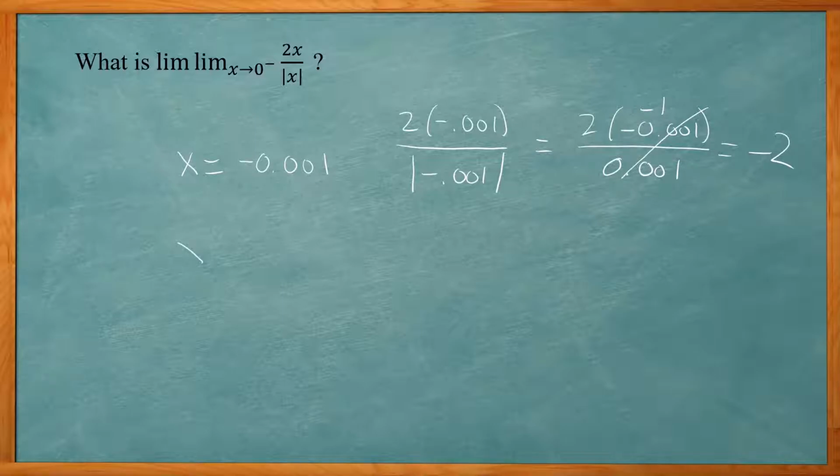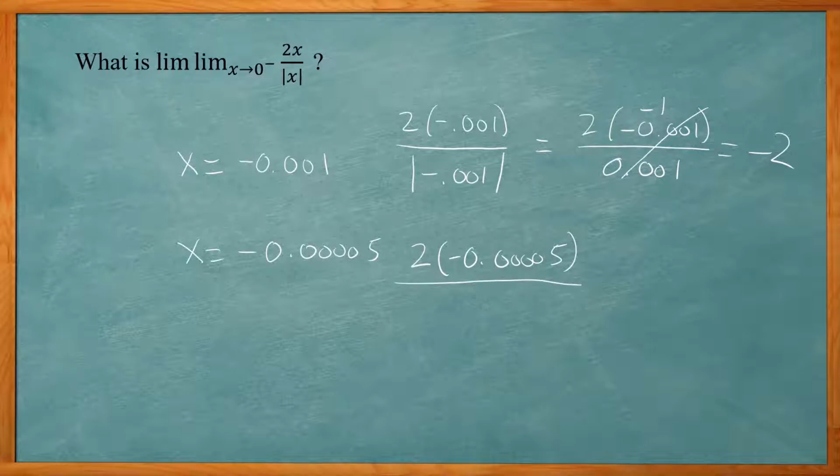Now if I were to try another number, I could do negative 0.00005, let's say. We do the same thing, 2 times negative 0.00005 over the absolute value of negative 0.00005.